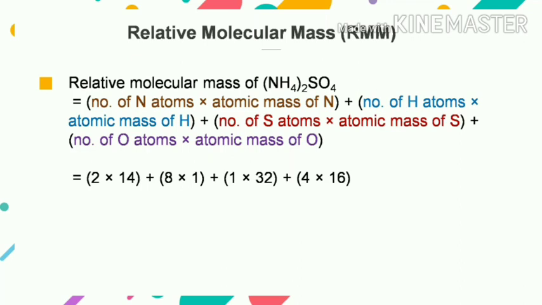Then 1 is multiplied with 32. Then we have 4 oxygen atoms here and the atomic mass of oxygen is 16. So 4 is multiplied by 16. And after calculating it, we got the value equal to 132. So the relative molecular mass of ammonium sulfate is equal to 132 atomic mass unit.